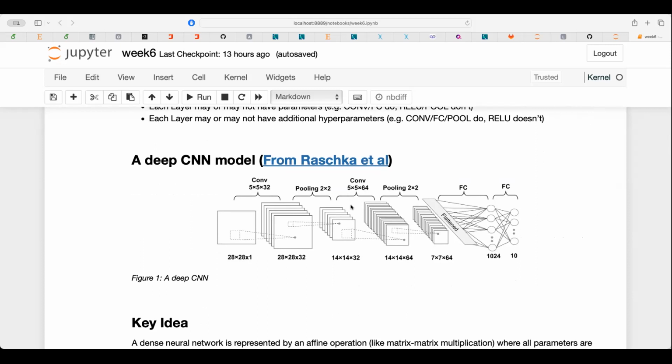You have a new convolutional stage, so you can add these bits and pieces as you want. And then you end up with a final neural network, which can be as deep as you want. So you can have a standard feed-forward neural network where you do the training by backpropagation, as we discussed earlier.